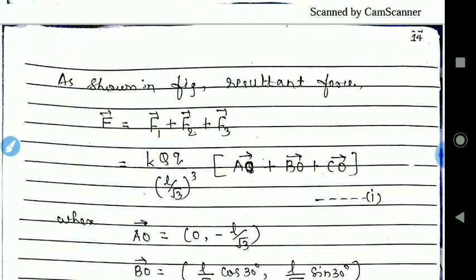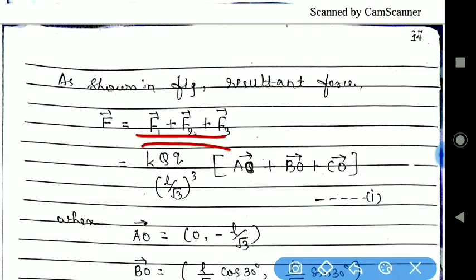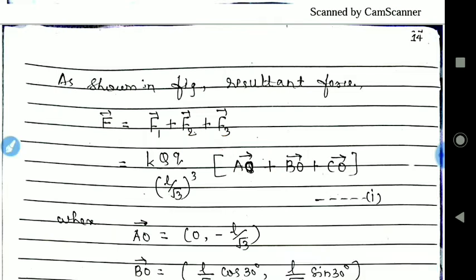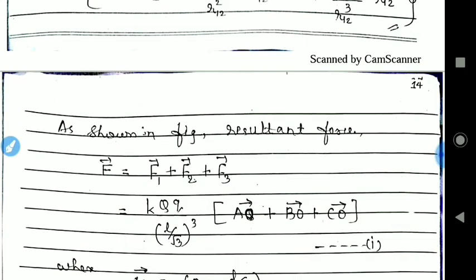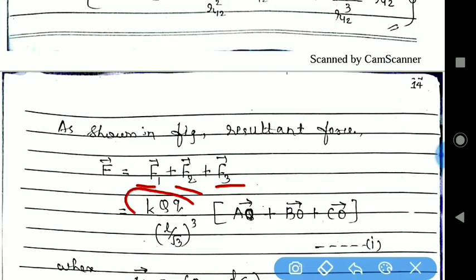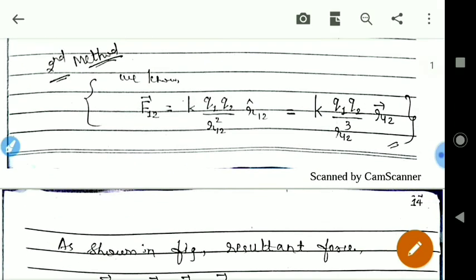Now the resultant force according to the principle of superposition is given by this equation. We know that the magnitude of all the forces F1, F2 as well as F3 are the same, and that is equal to K Q into Q upon L upon root 3 cube. Why is it cube? That I have shown here.